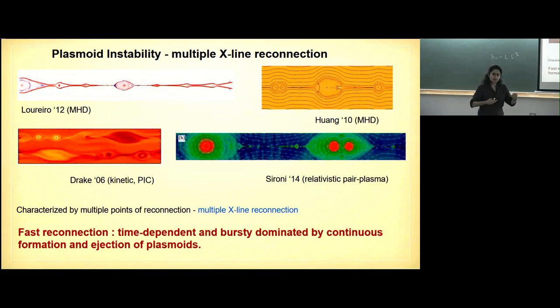So you continuously drive it from the boundaries, but the boundaries are sufficiently far away from the current sheet. So what decides the reconnection rate is what's happening at the current sheet and not at the boundaries.